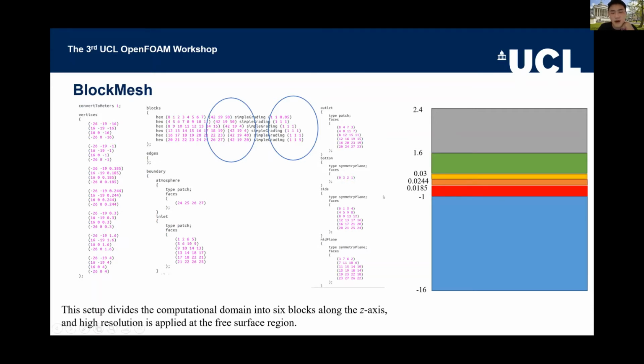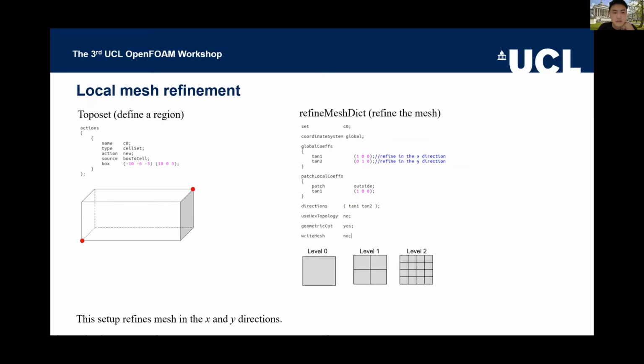However, for x and y, the important part is only around the ship. So we do local mesh refinement, choosing some boxes and refining them, while the free surface is kind of a global thing because it stretches from the inlet to the outlet, so it needs to be refined globally.